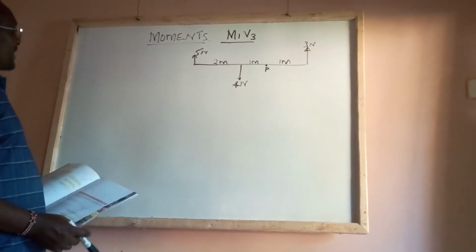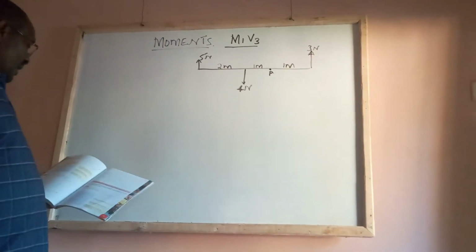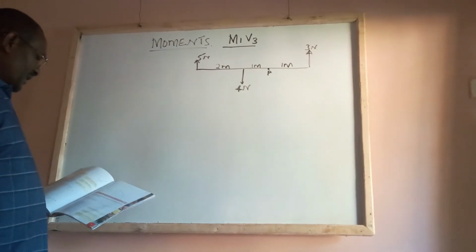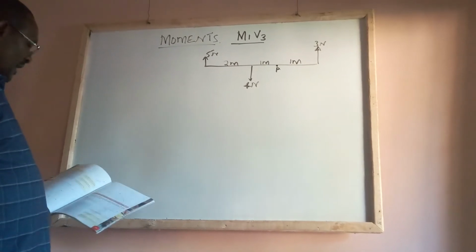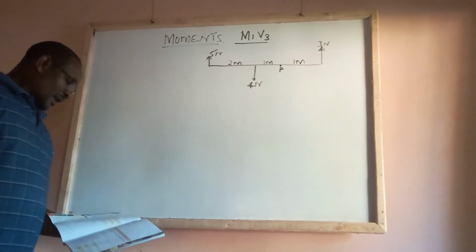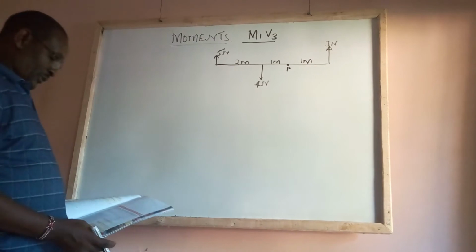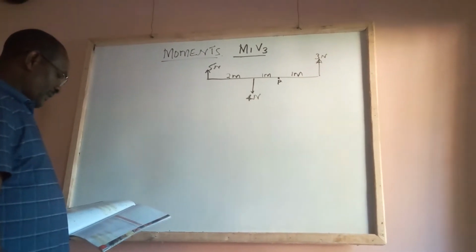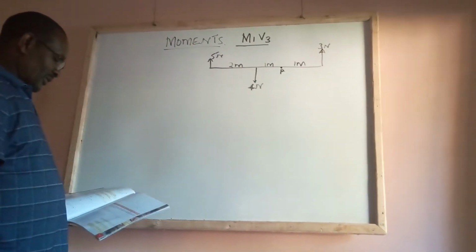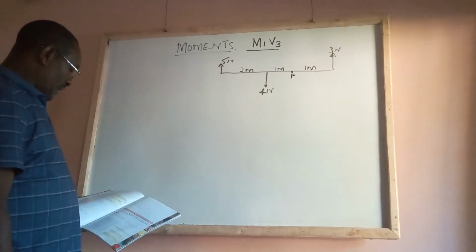This is under 5.2, and we have been told that we can find the sum of the moments of a set of forces acting on a body. The bold sentence on page 119 says, when you have several coplanar forces acting on a body, you can add the moments about a point.